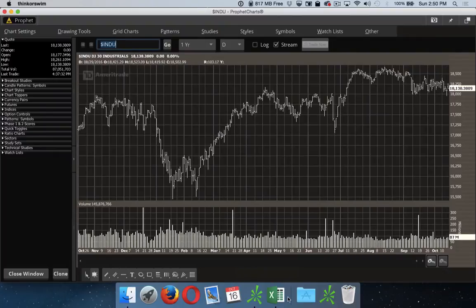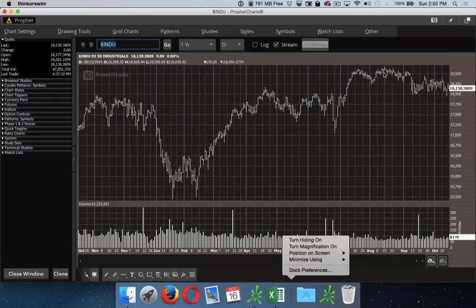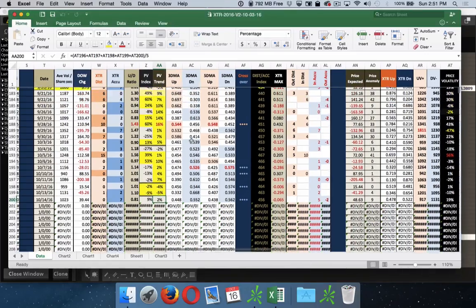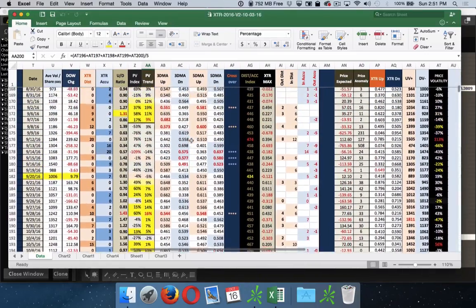So if we take a look at the spreadsheet, let's go back to the beginning of September, maybe the middle of August. Right in here, we hit our top. We really hit the top on August 15th. So let's take a look at the spreadsheet going back to August 15th here.